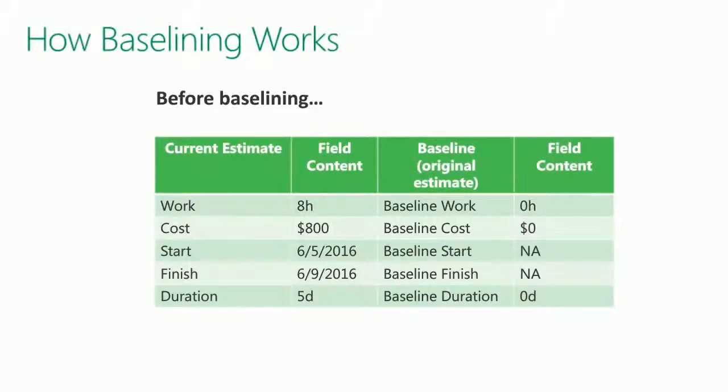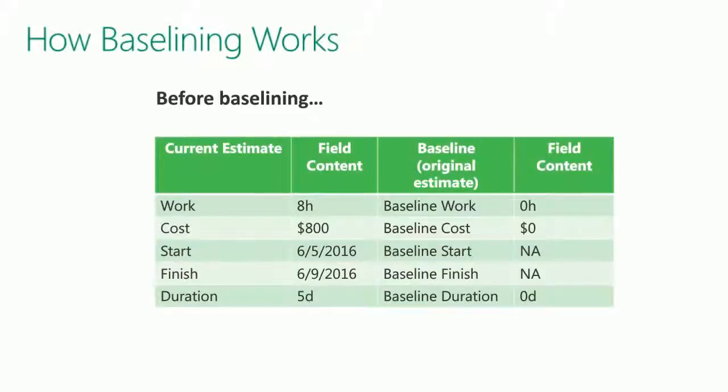Baselining is really copying the current estimate to the baseline estimate. When we see these fields, work, cost, start, finish, duration, in the Microsoft Project table I'm about to show, they are, I suggest whispering the two words, current estimate or current plan. Okay, so that's the thing I'm changing all the time when I'm updating my schedule. But the baseline is something we can capture.